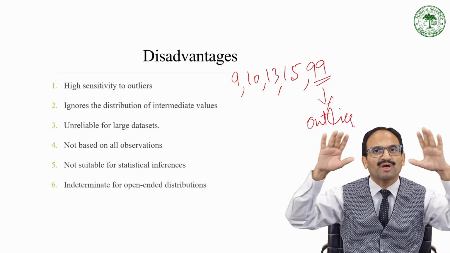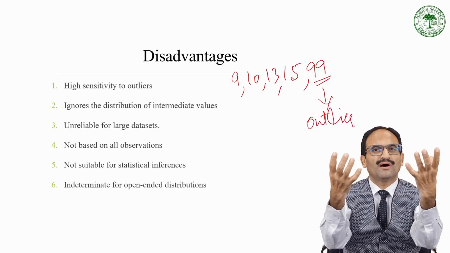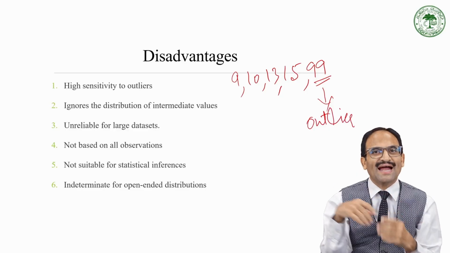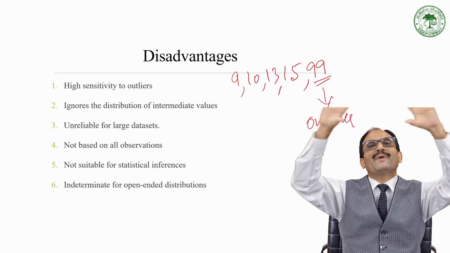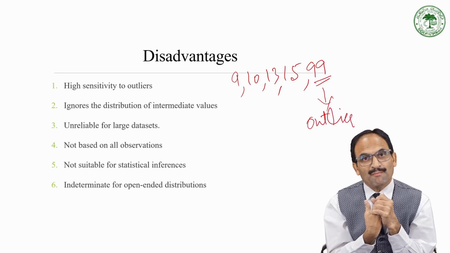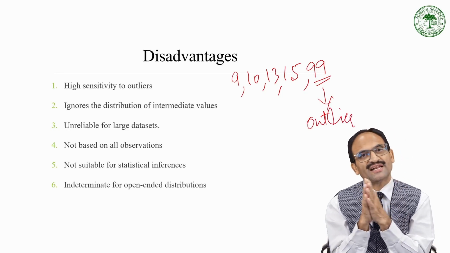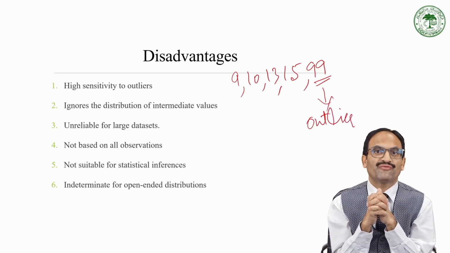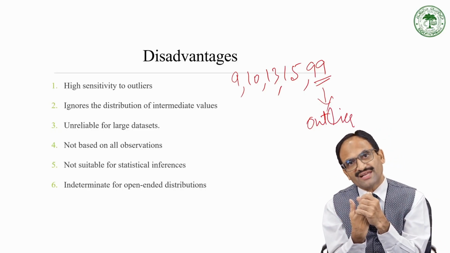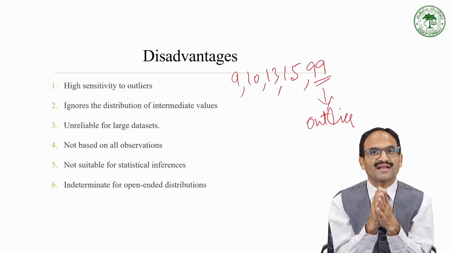You collect the data on a sample of 100 or 200 or 300 or 400 or 500, and you generalize the result to a big population. But so far as inferences are concerned, sometimes range is not found suitable. In that situation, the other measures of variability like quartile deviation and standard deviation are better in comparison to the range.